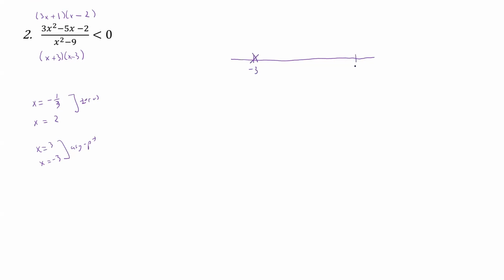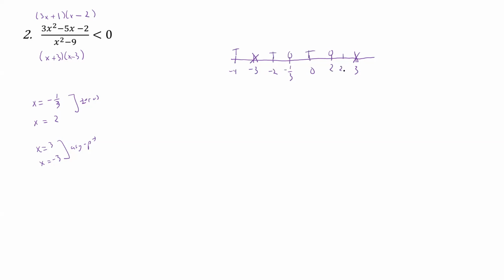And if this is positive 3, that's again an asymptote, so we can't have a piece at that. And then we have a 2, so that's going to give us something here, and then a negative 1/3 here. Those are our zeros. So we need to do a test here, say at negative 4, and a test here at negative 2, and here we can do a test at 0.